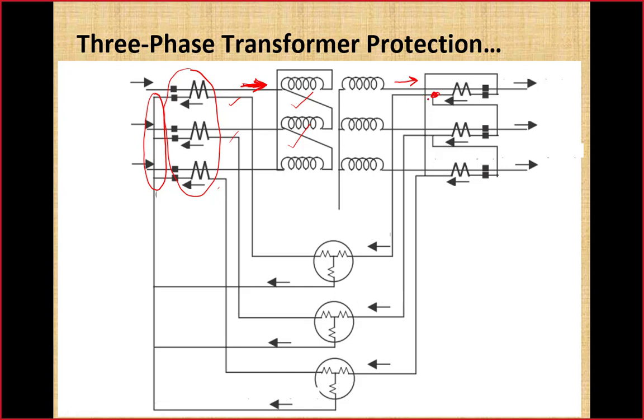You can see clearly at this node the current which is coming out of the delta is the difference of this leading current here, this one, and this lagging current. So we are subtracting lagging current which is flowing in this direction from the leading current. So that's why this current which is coming out of CT secondaries will be leading corresponding phase current. Now this is how the CT secondaries will be connected in order to undo the phase shift on two sides.